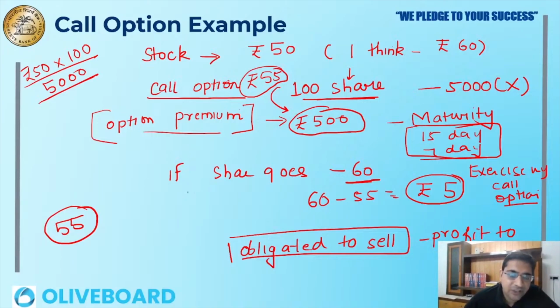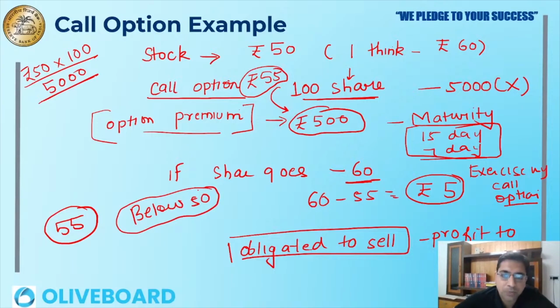But if the share price goes below 50, obviously I will not utilize my call option, right? So I will only lose my 500 rupees and not that 5,000 rupees.